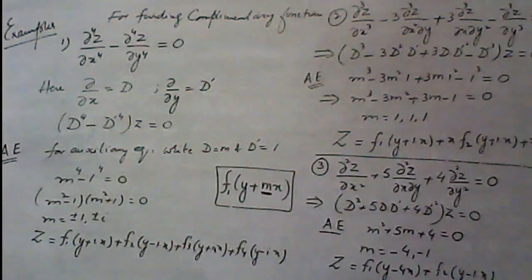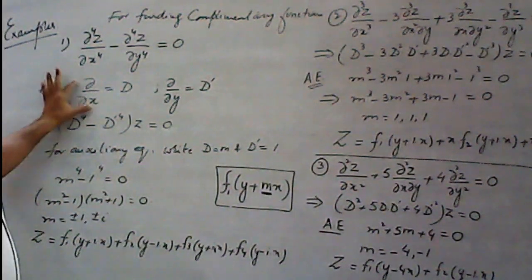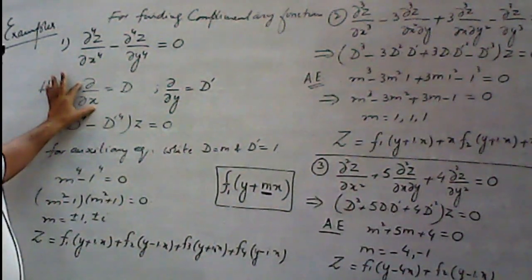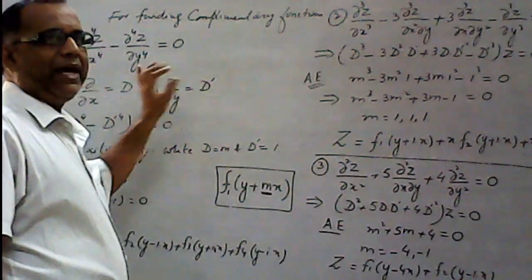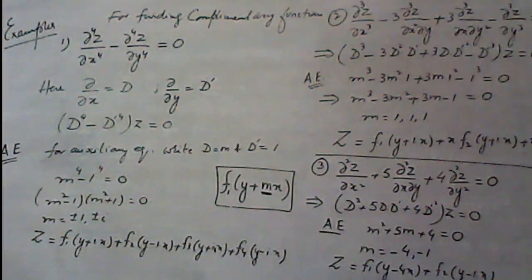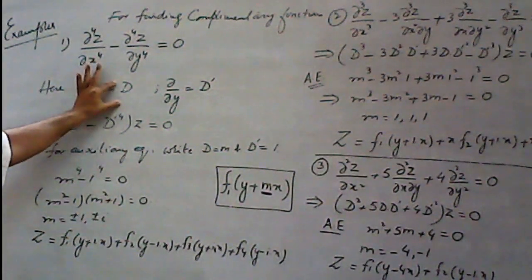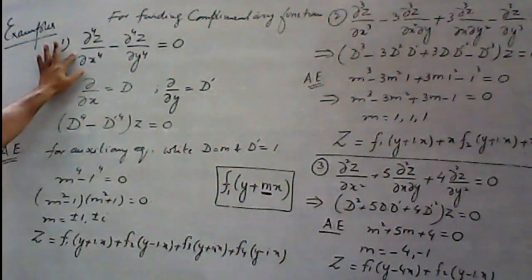Here operator D method means you need to substitute the derivative with respect to x as D and the derivative with respect to y as D dash. But this rule is in general. In the original, if you want to call D, then you have to look at the equation.